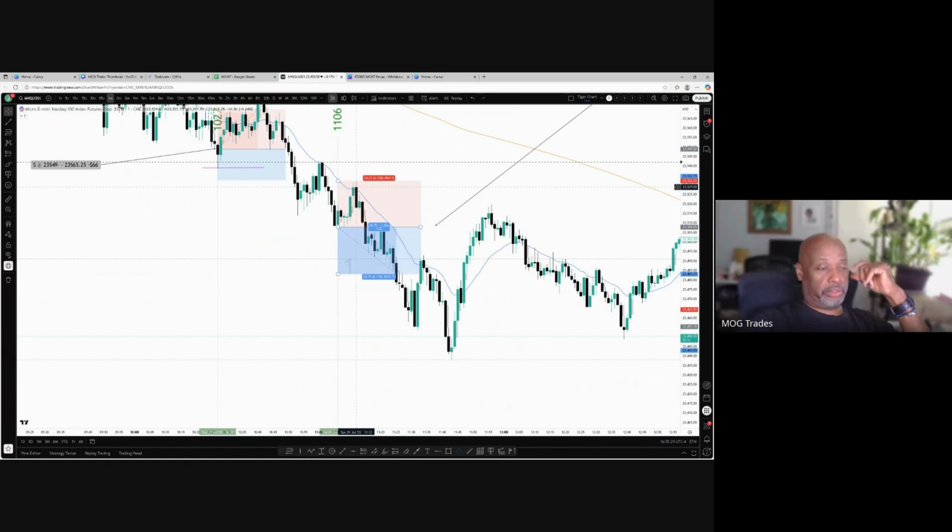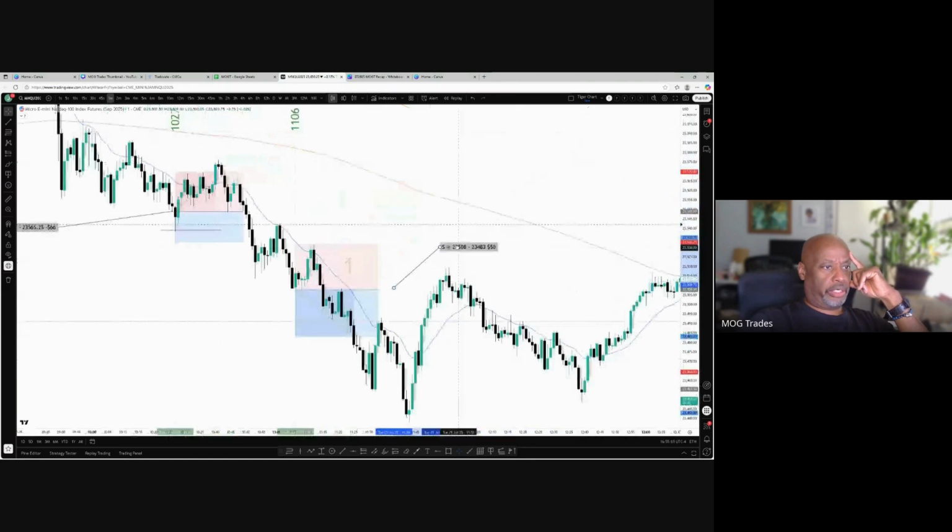And I'm still working on this, when to get out of a trade once it turns around on you. I need to get a little better at that. But anyway, that was a nice little trade. And that trade was a $50 trade. So I got a little bit of this loss back.